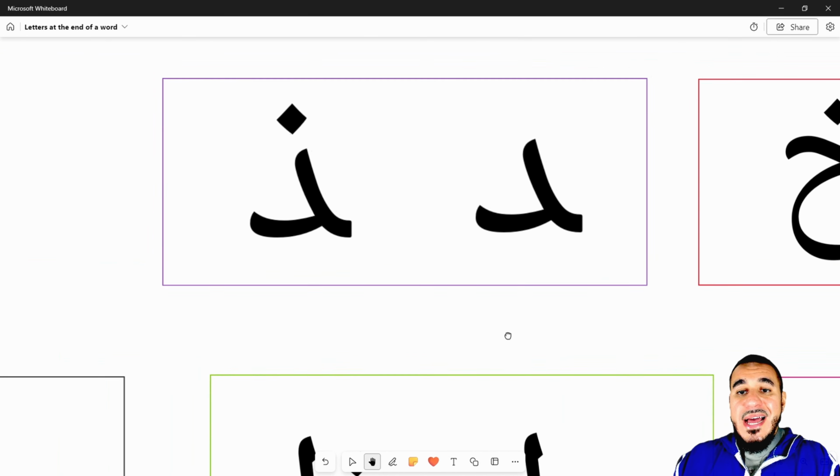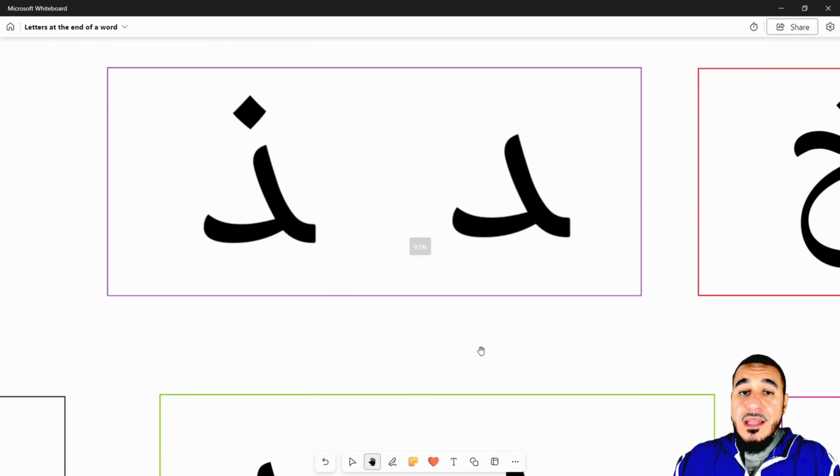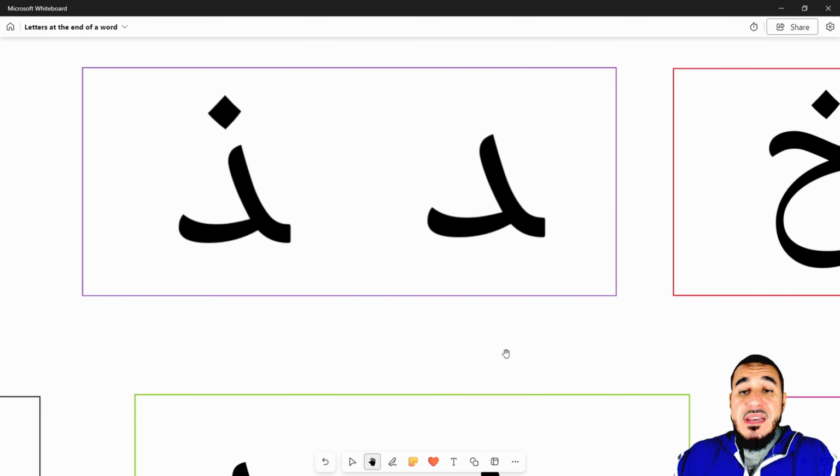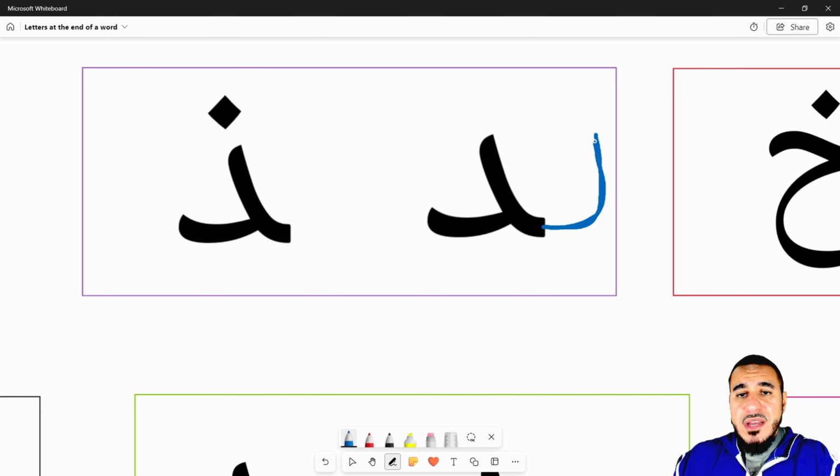And then the dal and the dhal, these two, similar to the alif, they appear as they are when they're in the middle of a word, like if we had a ba before this dal. The ba would go there. It would physically connect to the dal, but no letter would come after the dal.